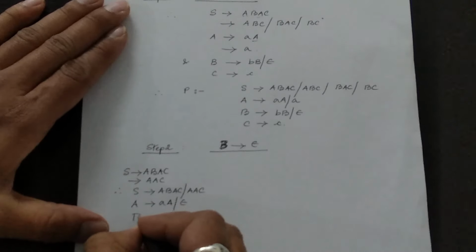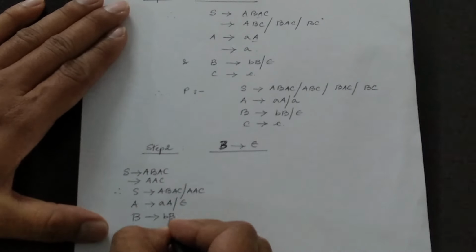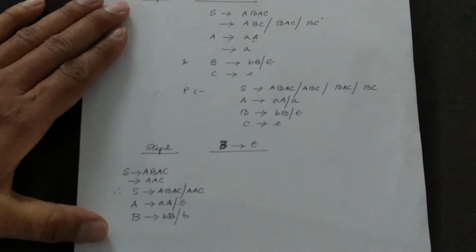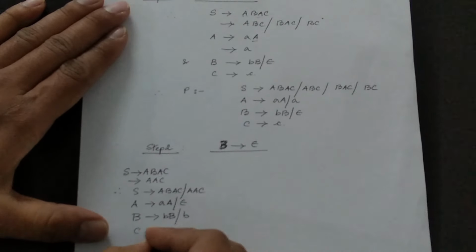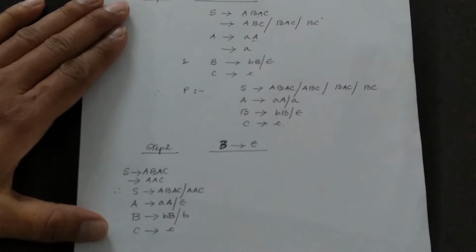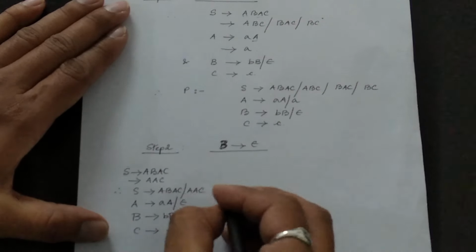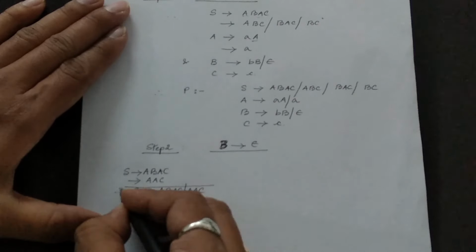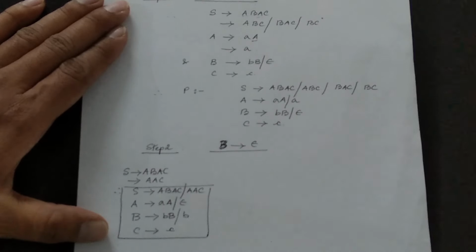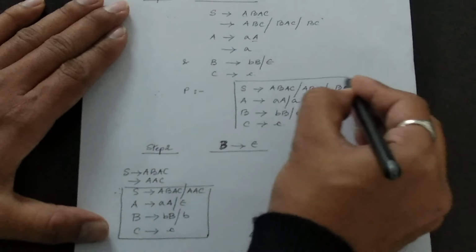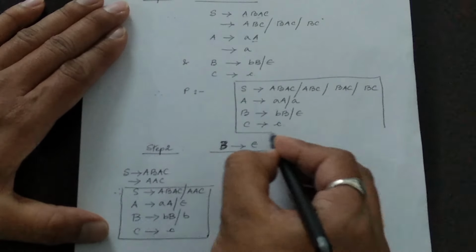Now next, B tends to small letter B. B is the production. So if I remove B by epsilon, then what will be the answer? B. Clear? And finally we are having C tends to small letter C. Therefore, these are the productions that I have got for step number 2. Clear? And this is for step number 1.